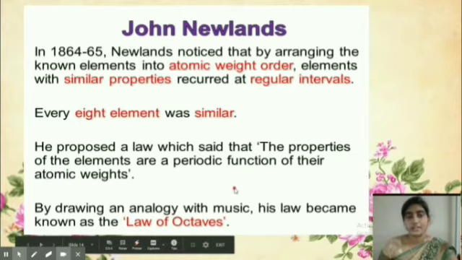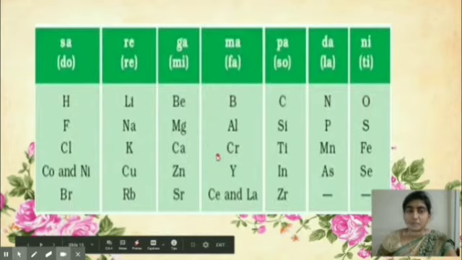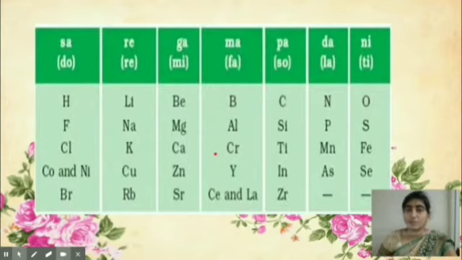Look at this table. In Indian music, we know the seven musical notes, right? What are they? Sa, Re, Ga, Ma, Pa, Da, Ni. However, in the West, the musical notes are do, re, mi, fa, so, la, ti.